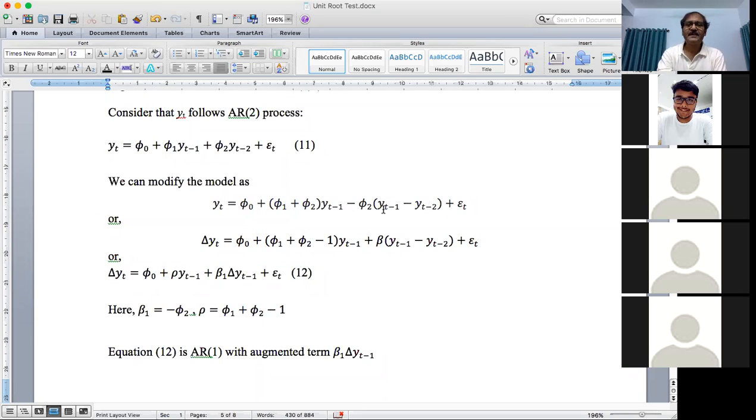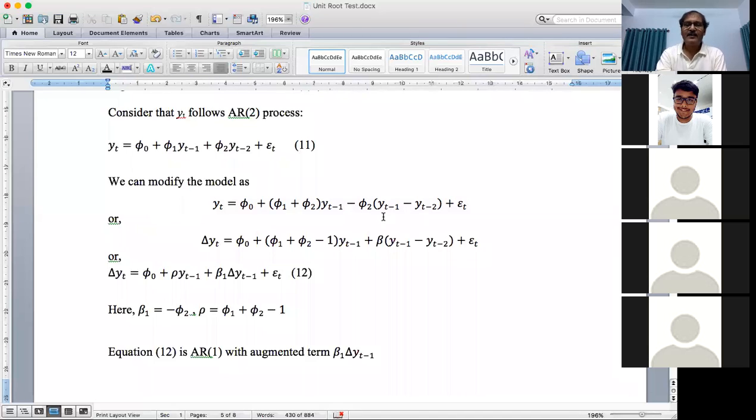Now look at this term. If you simplify this, multiply minus phi 2 into the bracket: you have minus phi 2 into Yt minus 1 plus phi 2 into Yt minus 2. So plus phi 2 Yt minus 2 we already have in our original form, but we do not have minus phi 2 Yt minus 1.